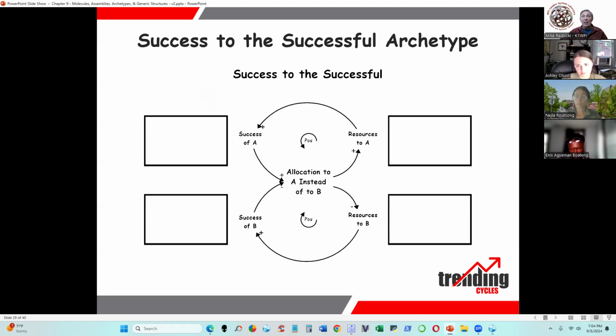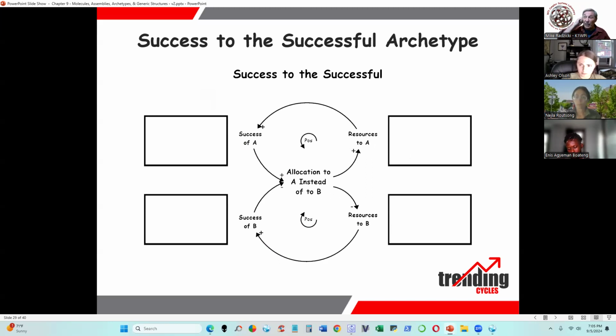The more resources A gets, the more success they're going to have, and the more B gets, the more B will have. It's a zero-sum game. If I get more, you get less, and vice versa. So it's success to the successful: two competing positive loops. Can you think of real-life examples of resources to A and resources to B, and write them in the box? That's why I had them in the box.